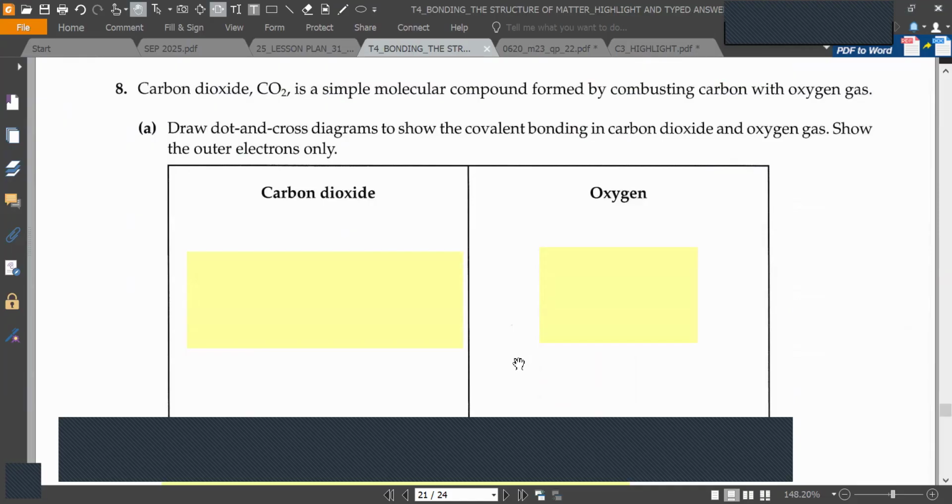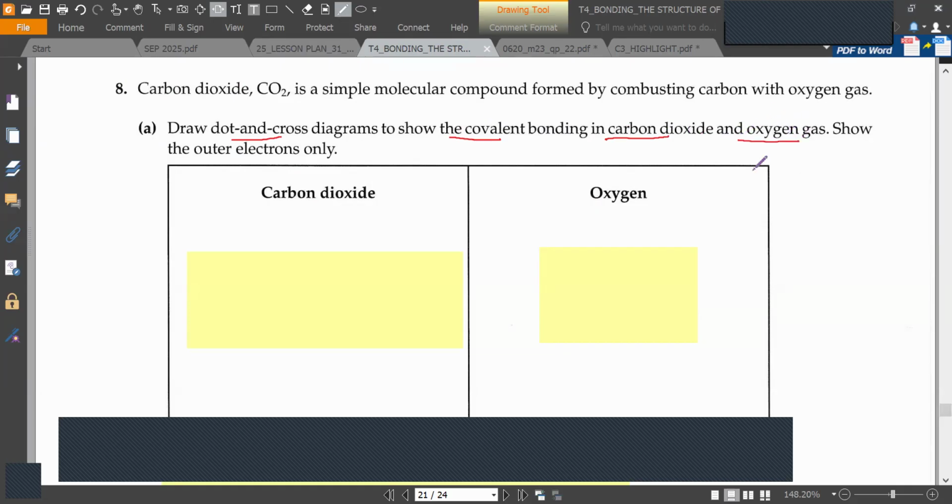Next, carbon dioxide is a simple molecular compound formed by combusting carbon and oxygen gas. Draw the dot and cross diagram to show the covalent bonding in carbon dioxide and oxygen gas.